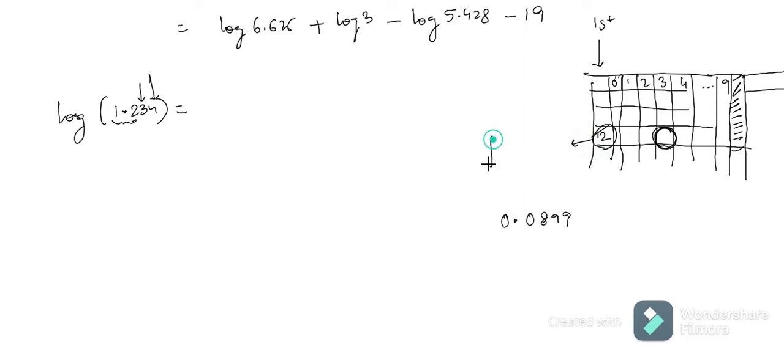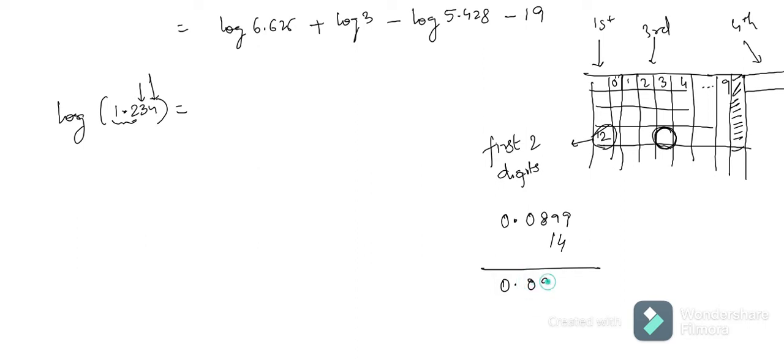These are the first two digits, these are the third, and this mean difference column is the fourth digit. Find the fourth digit and find the value. So the value here is 14. Now add that 14 here. So how much will it be? 0.0913. So the logarithm value of this is 0.0913.